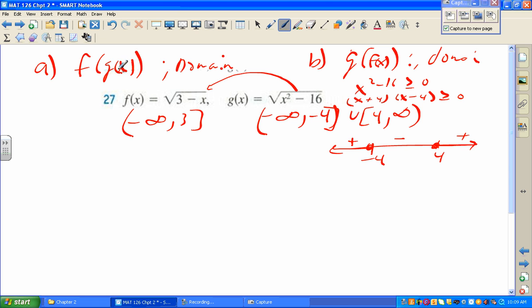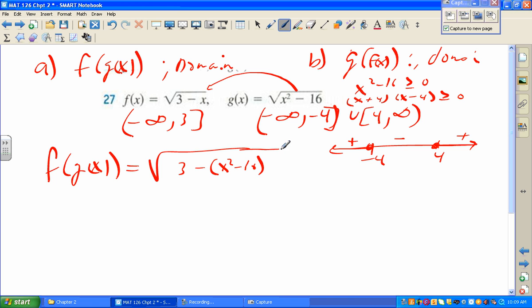Like for this one, f of g of x equals the square root of 3 minus x squared minus 16. Okay? So I know that the x squared minus 16 is already going to be a factor because I have to do parentheses first. So I know this is part of my answer already.